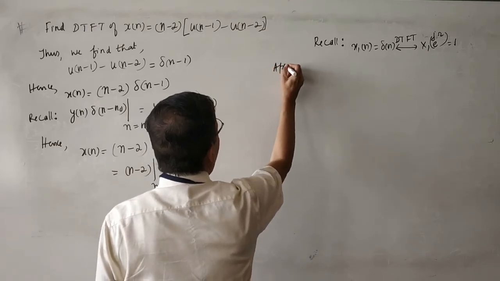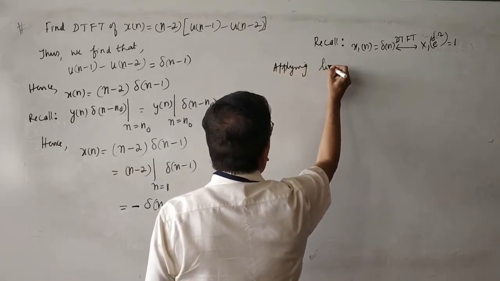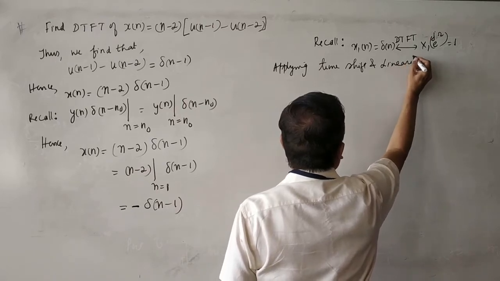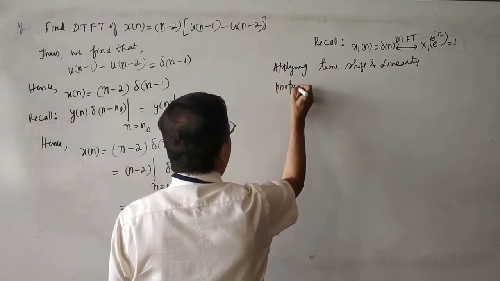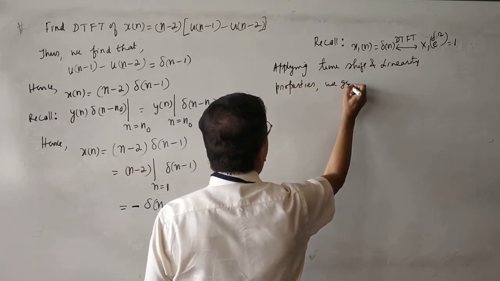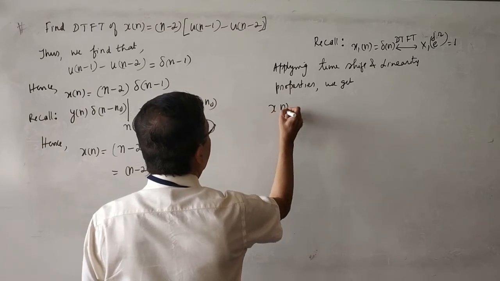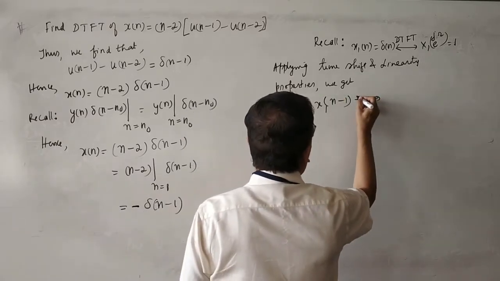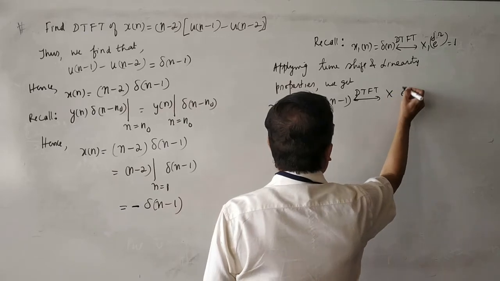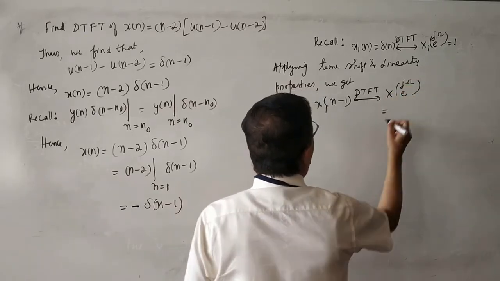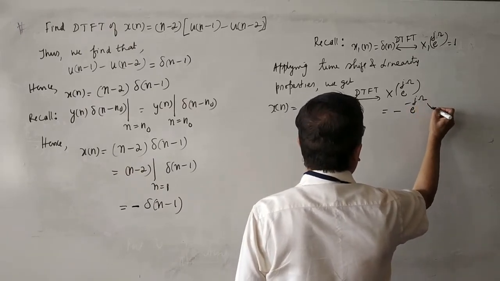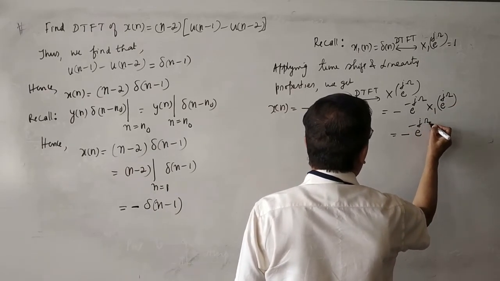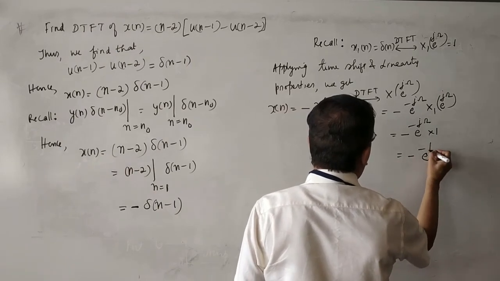Now applying time shift and linearity properties we get x of n equals minus x1 of n minus 1 has a discrete time Fourier transform x of e power j omega equal to minus e to the power minus j omega into x1 of e power j omega, equals minus e to the power minus j omega into 1, equals minus e power minus j omega.